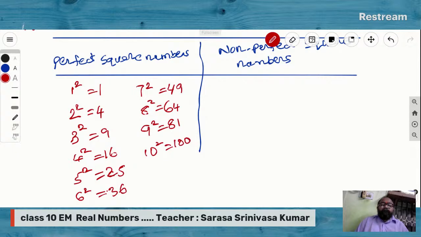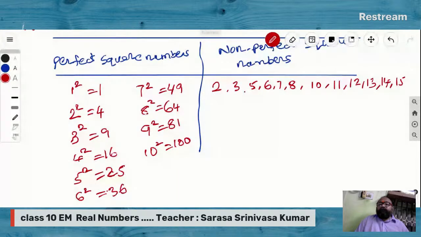Now 2 is a non-perfect square number. 3, again 5, 6, 7, 8. So 9 is missing. 9 is a perfect square number. 10, 11, 12, 13, 14, 15. All these are non-perfect square numbers.